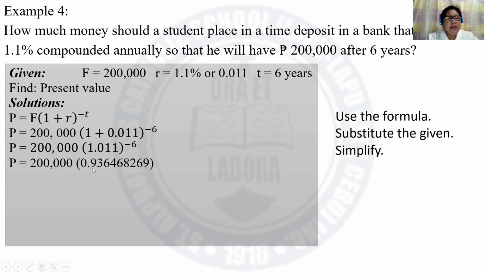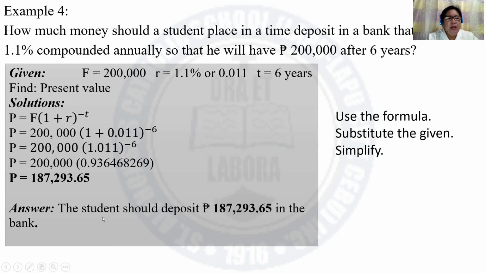And this part is equivalent to 0.936468269. And multiply, the result is 187,293.65. Therefore, the student should deposit 187,293.65 pesos in the bank so that it will become 200,000 after 6 years.